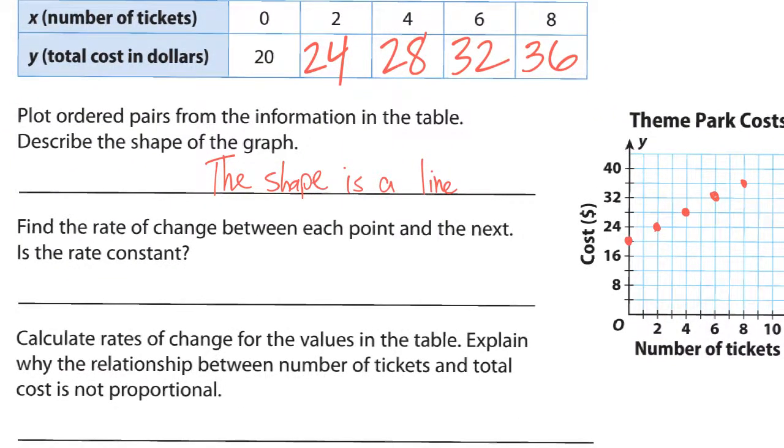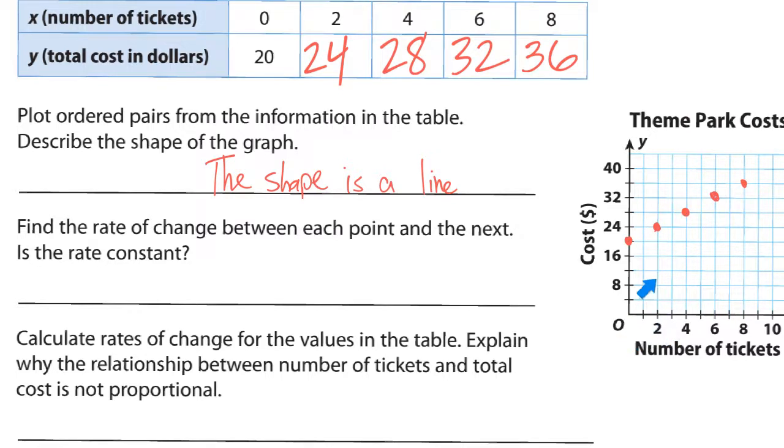What's the rate of change, the rise and the run? Well, how far did it go up? In each case, it went up 4. Remember, vertically, this is a change of 4, and horizontally, this is a change of 2.